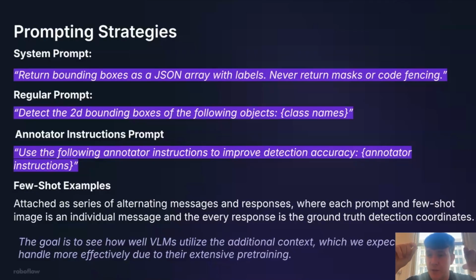Then we simulate that Gemini sent a response, and that response is the ground truth bounding boxes of that image. So we take the image and say Gemini responded with this, and we stack those together in a list. At the end of this list, we say, hey, now detect bounding boxes in this image, and we give it the actual image we want to detect on.